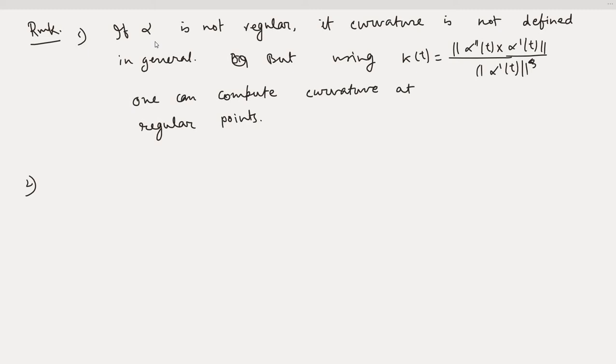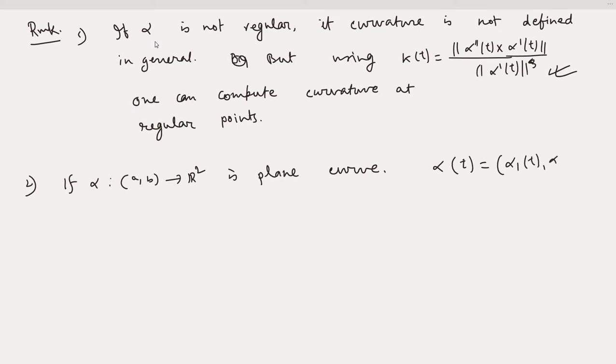And so we have computed the curvature of a space curve here. Now if alpha from [a, b] to R2 is a plane curve, then one can see alpha of t as a space curve by taking alpha 1 of t, alpha 2 of t, and the third component is 0.